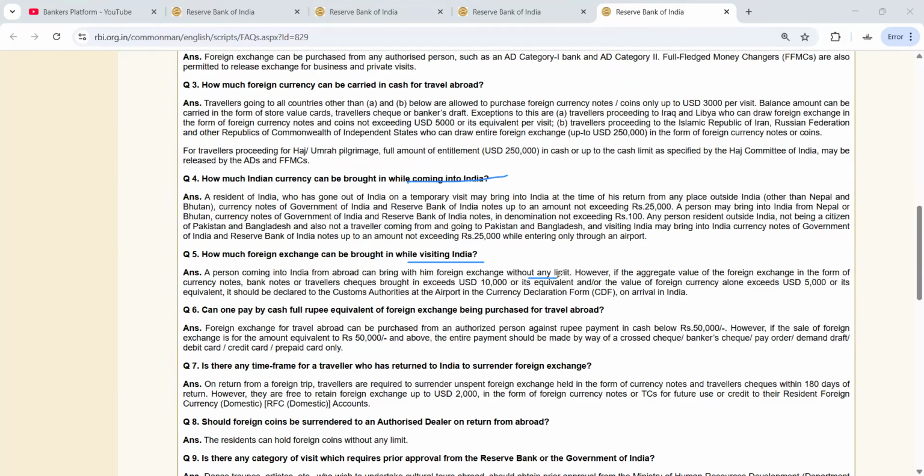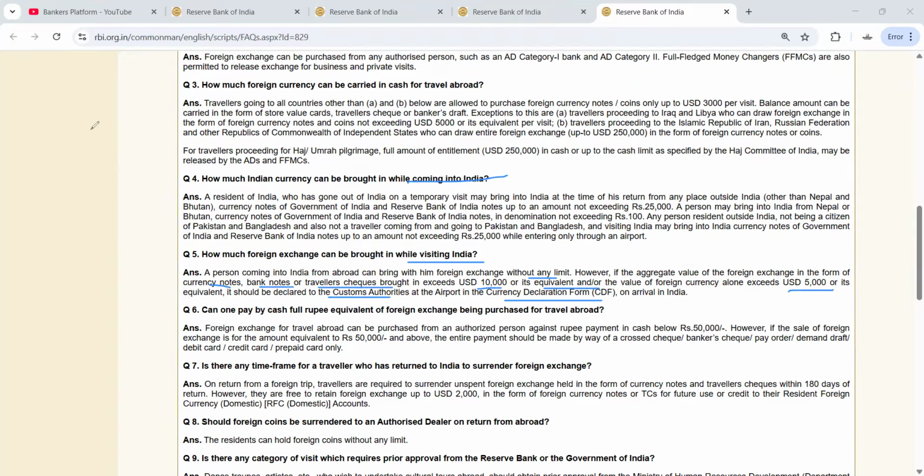However, if the aggregate value of foreign exchange in the form of currency notes, bank notes, and traveler's checks brought exceeds 10,000 or its equivalent, or the value of foreign currency alone exceeds 5,000 or its equivalent, it should be declared to the customs authority at the airport in the CDF form, on arrival in India.